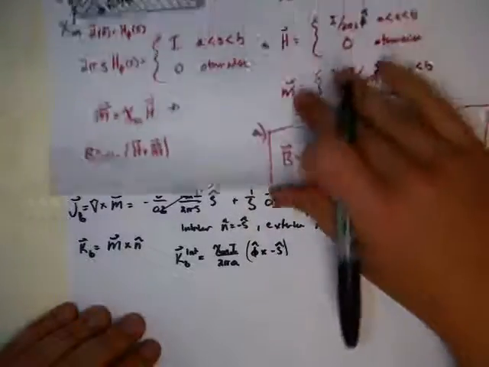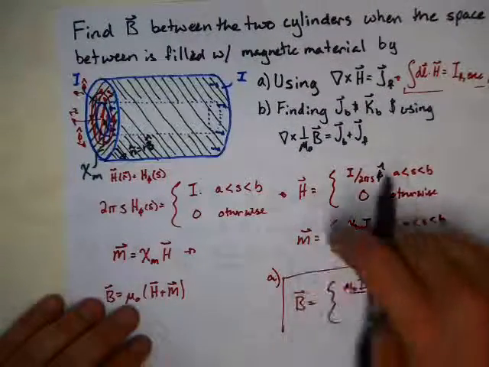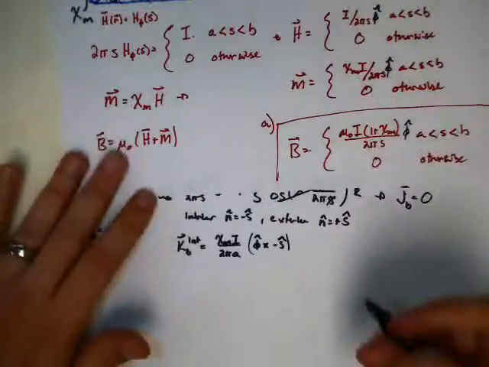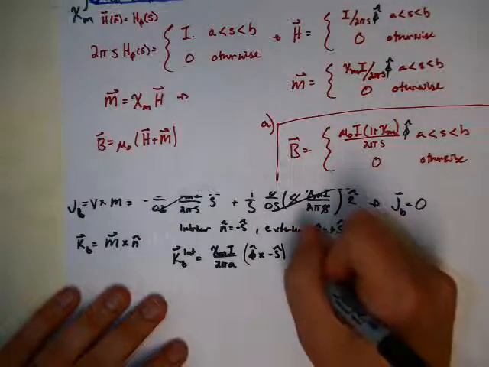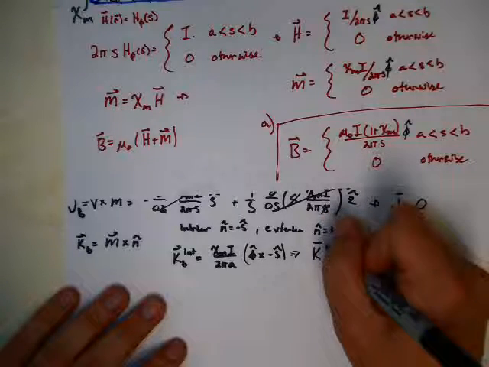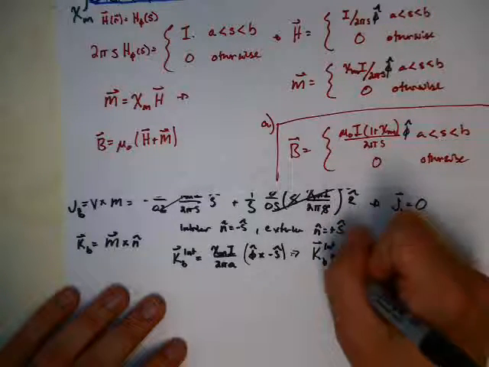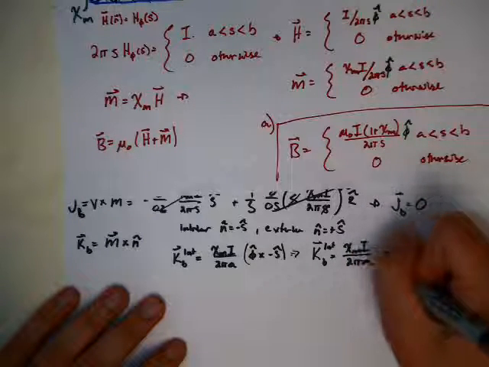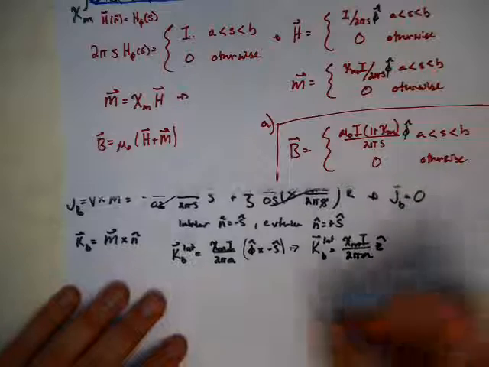And if I use the right-hand rule, phi hat cross minus s hat is positive z hat. So this is in the positive z hat direction. And so this says that the surface current on the interior is chi_m I over 2 pi a z hat.